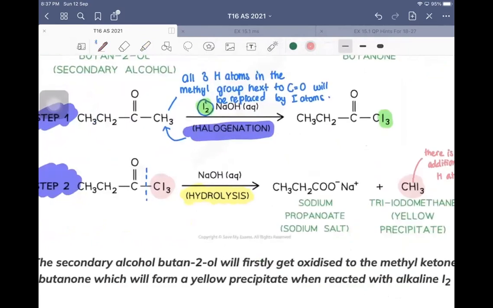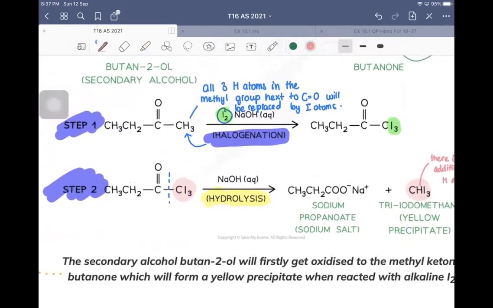Okay, so it's not just strictly CI3. And then the salt that you form is the salt of the rest of the molecule. Okay, so this is actually a carboxylate salt.